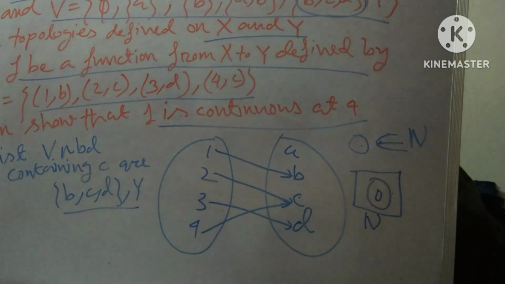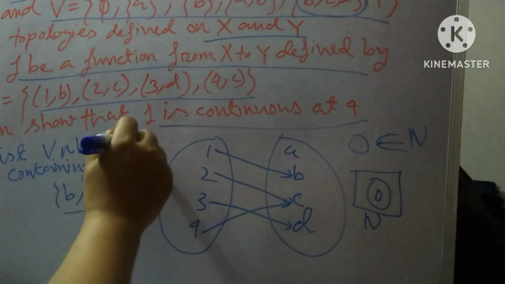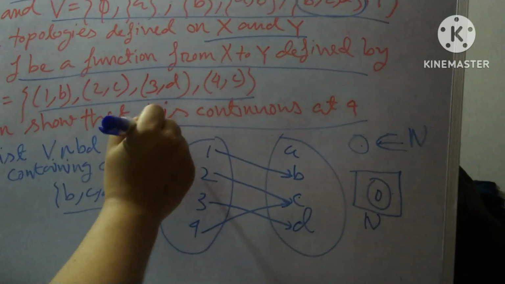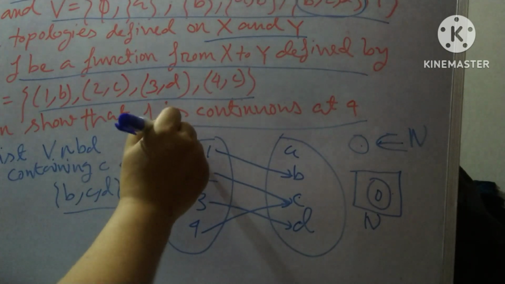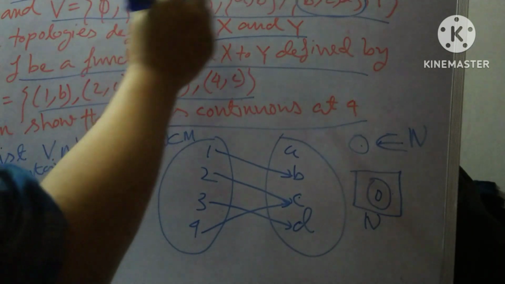And now you see that f(X) is equal to {b, c, d} or Y. And now what is the condition of topological continuity? The continuity condition is f(N) is a subset of M, where M is a V-neighborhood.